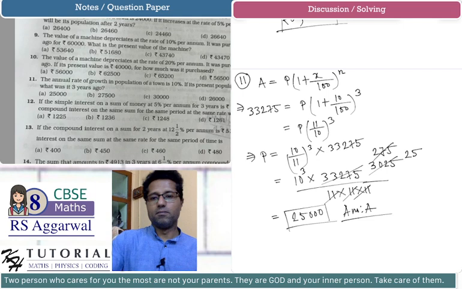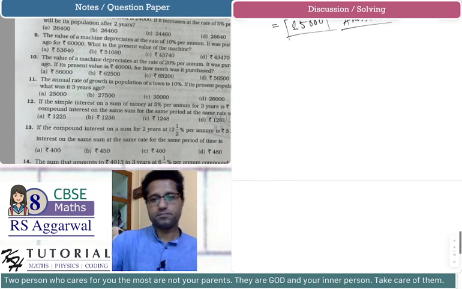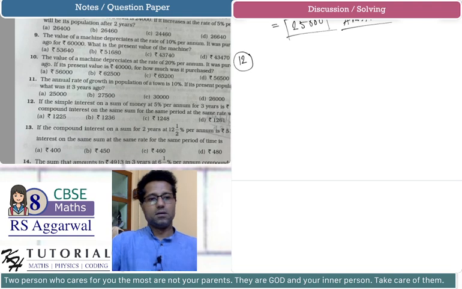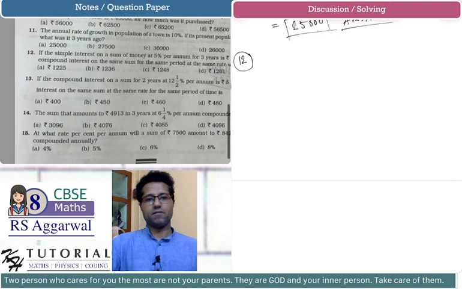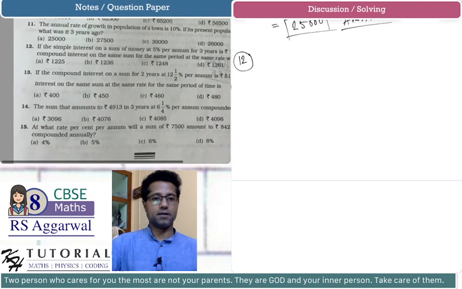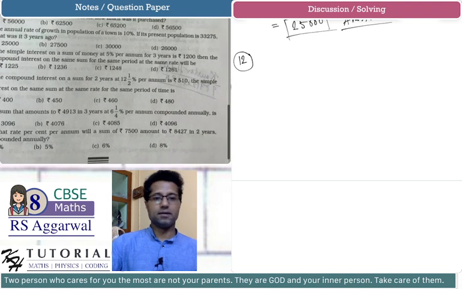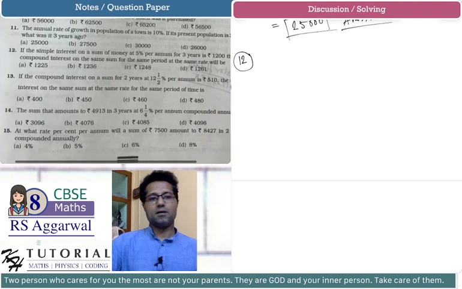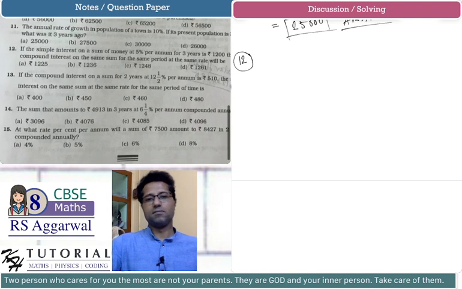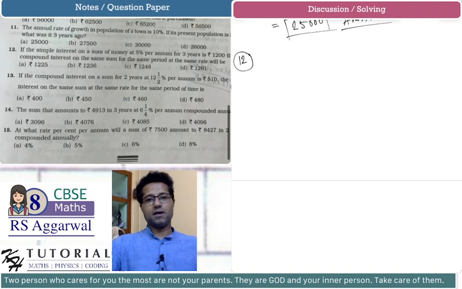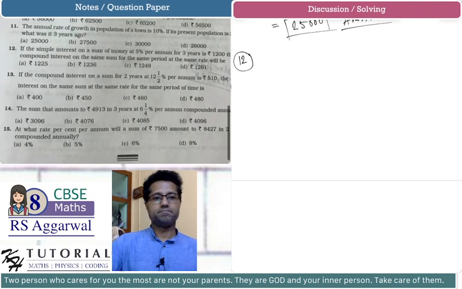Let's do problem number 12. If the simple interest on a sum of money at 5% per annum for 3 years is rupees 1200, the compound interest of the same sum for the same period at the same rate will be.